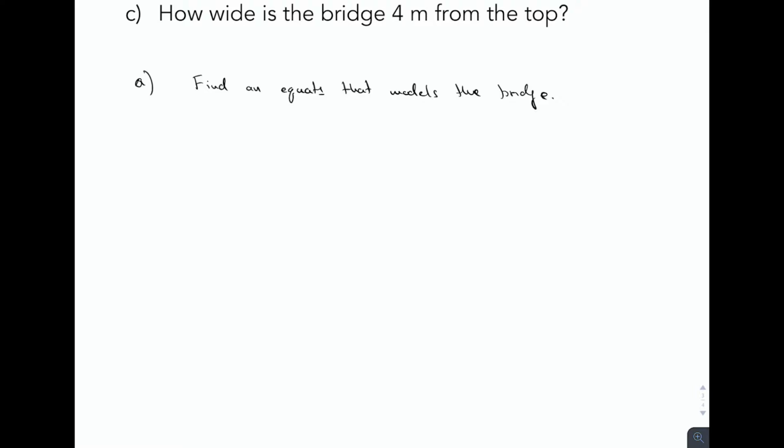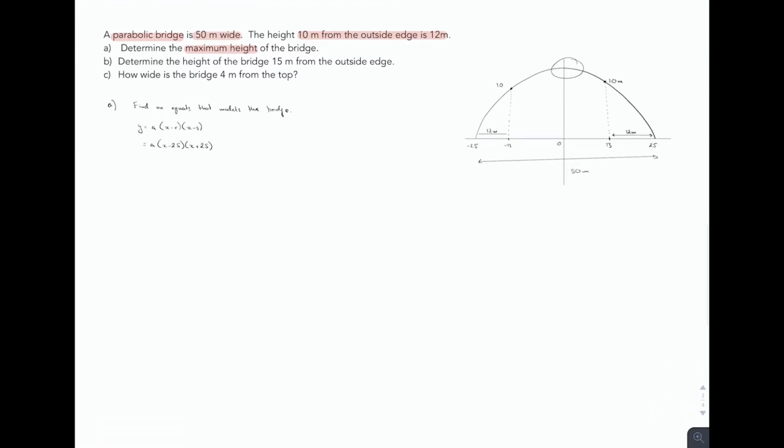So the form of this parabolic archway, parabolic bridge, I'm going to write it in factored form, where r and s are going to be my roots. And in this case, because I end up at positive and negative 25, my roots are going to be plus 25 and negative 25. Again, looking at our picture here, we have negative 25 as one root, positive 25 as the other.